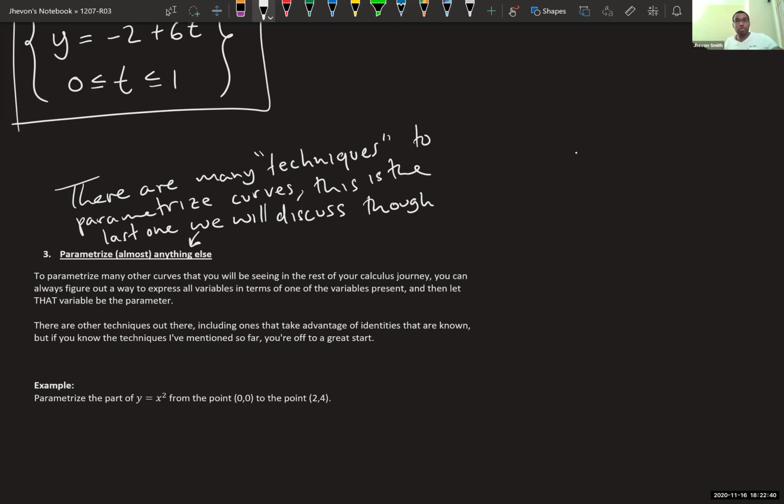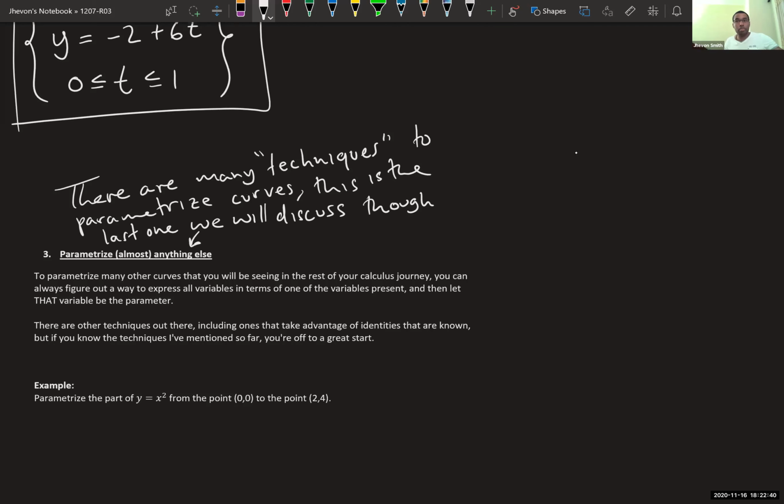So I can't guarantee that your professor in multi is not going to want some sort of more exotic parameterizations. But for all the standard applications, these three techniques, knowing how to do straight lines, knowing how to do circles, and knowing how to do anything else with this technique, you can parameterize most things that you'll encounter.